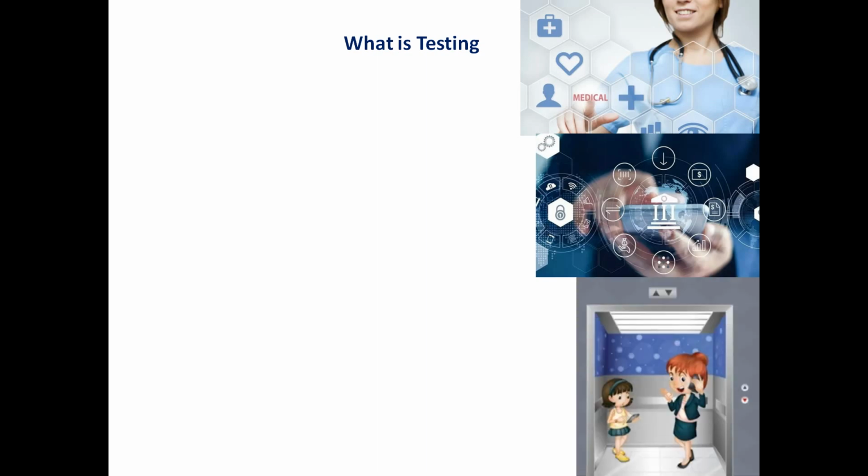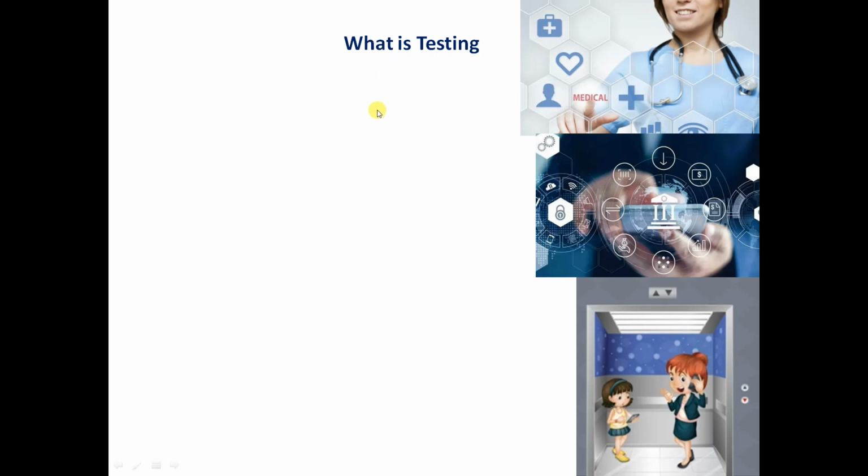But if there are any issues or failures in the elevator, say you are on the top floor, and due to some software failure the elevator loses control and hits the ground floor, human lives may be in danger. This is how software plays a role if you have not tested it. So that's why testing is mandatory.